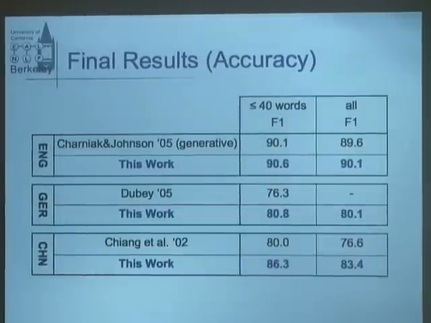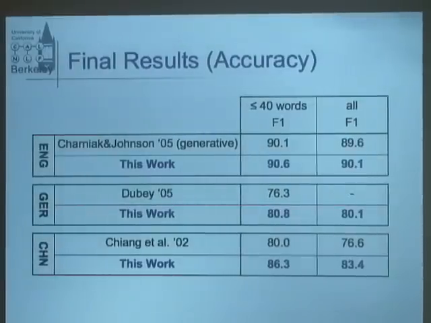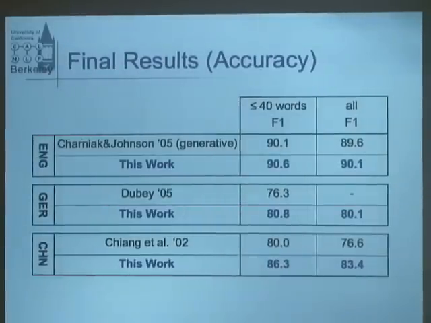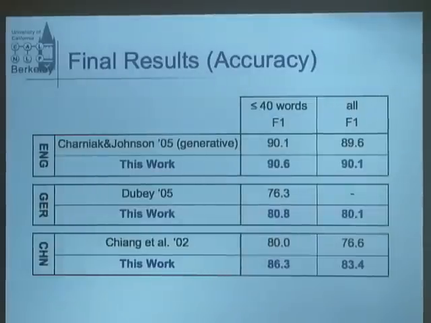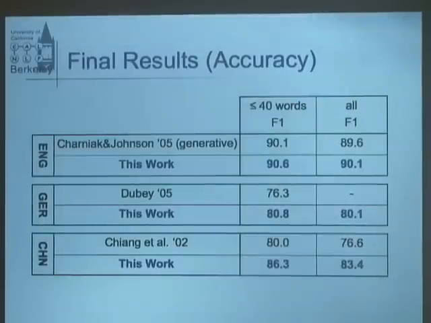And on Chinese, we also do much better than the previous work. We have run it in the meantime also on French, and I'm going to run it on Arabic in the next week. And on French, it's also better. So it seems to be a kind of generic approach that works well for a variety of languages that have very different linguistic properties.